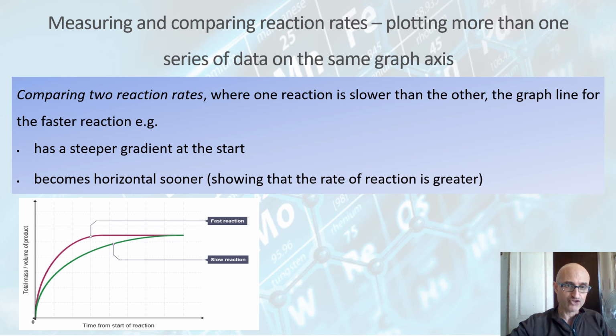The fast reaction is the purple curve. We could then well be asked to state what we predict the curve to look like if, for example, we used a smaller concentration of reactants. And besides stating it in words, we would also be expected to sketch it out on the graph.